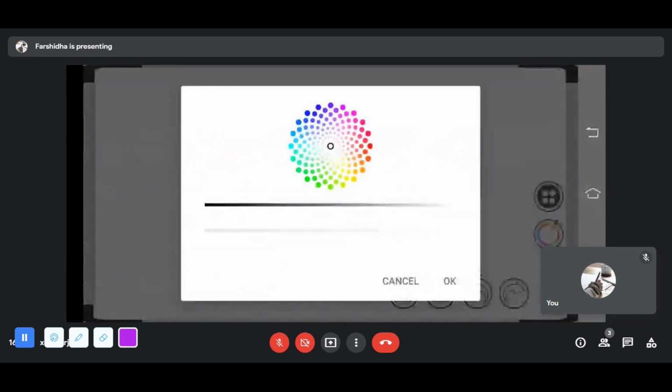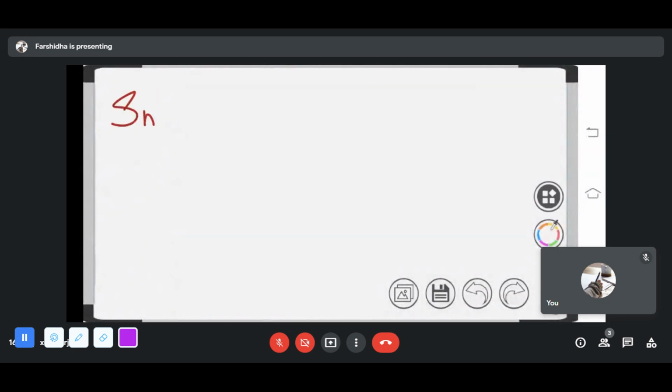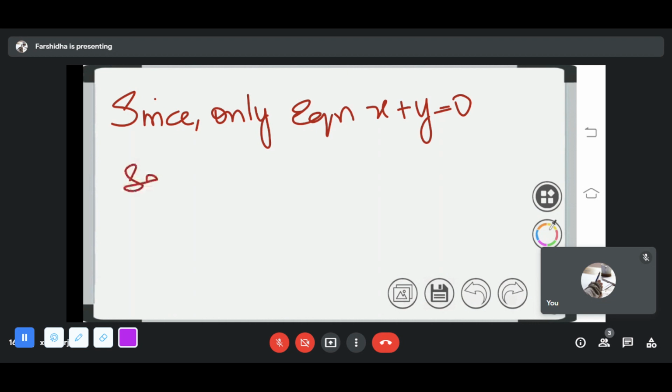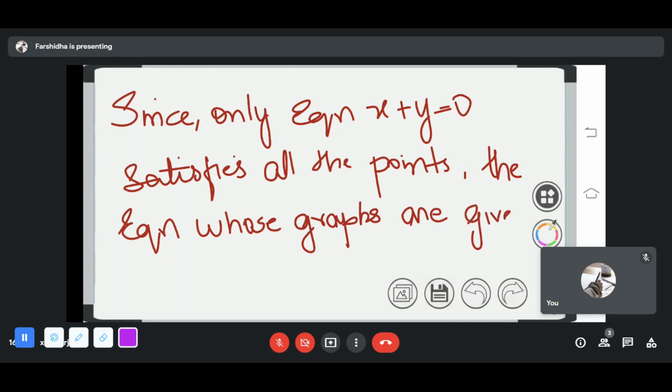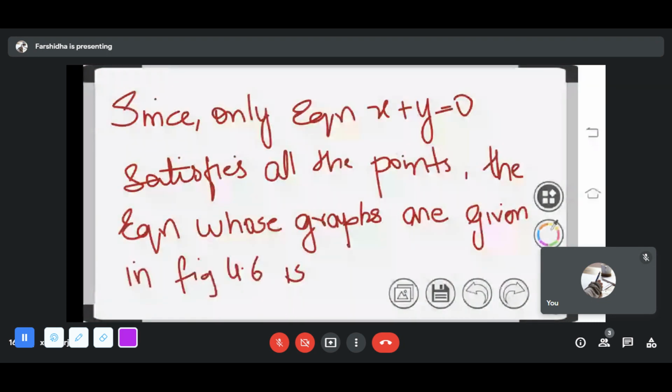At last, you can write like this. Conclusion: since only the equation x plus y is equal to 0 satisfies all the points, the equation whose graph is given in figure 4.6 is x plus y is equal to 0.